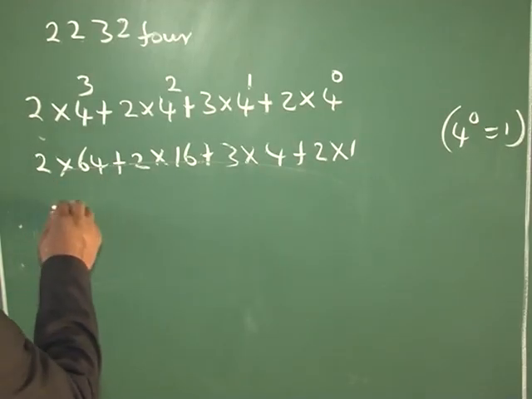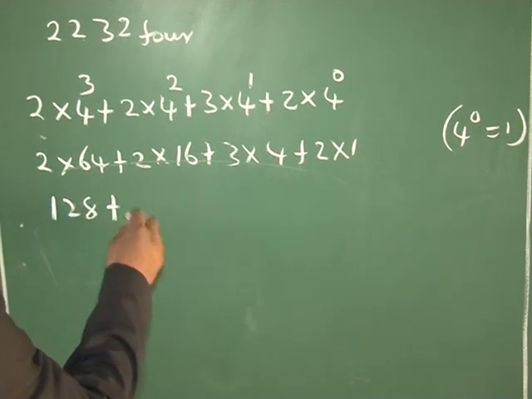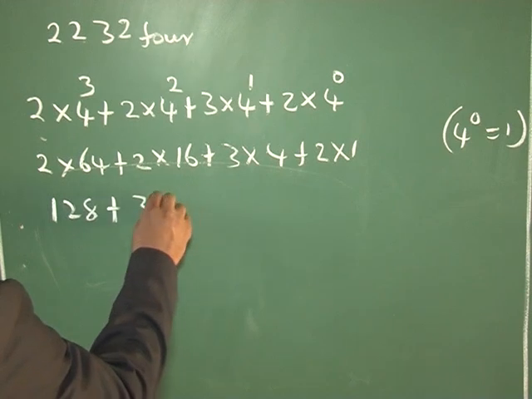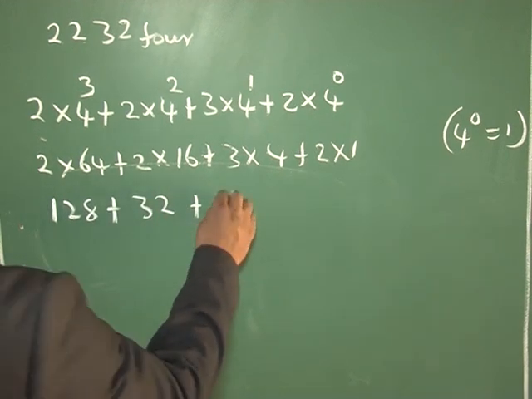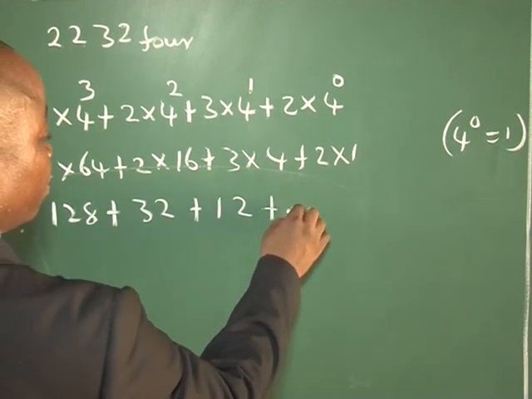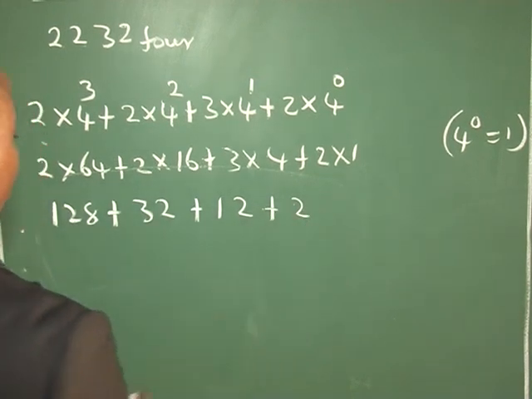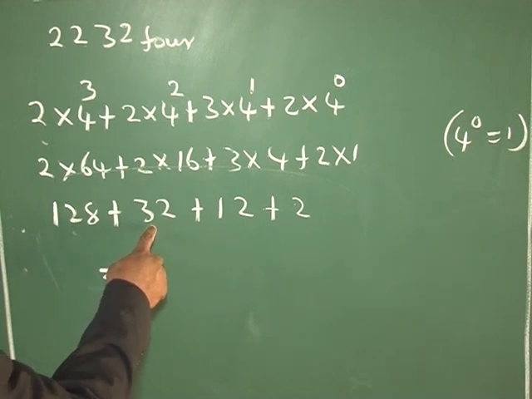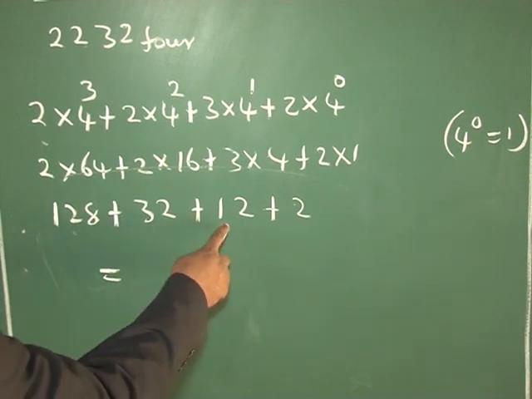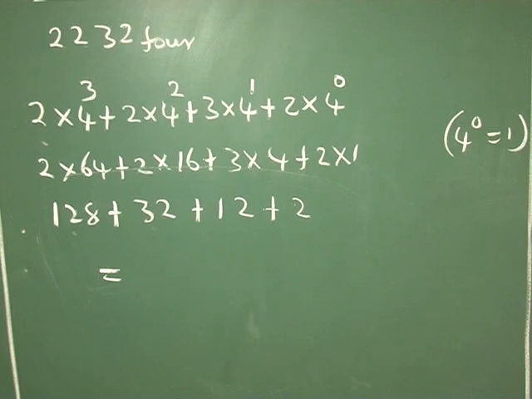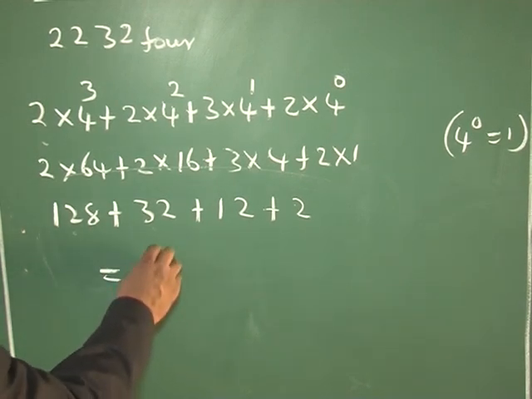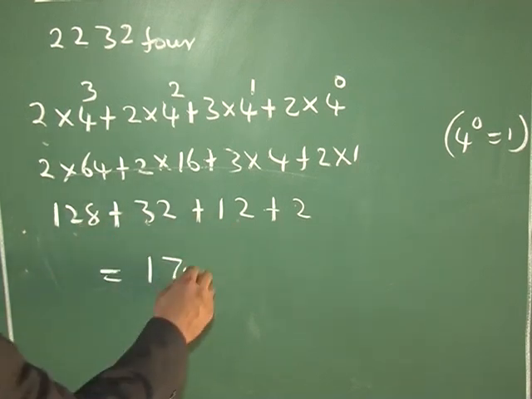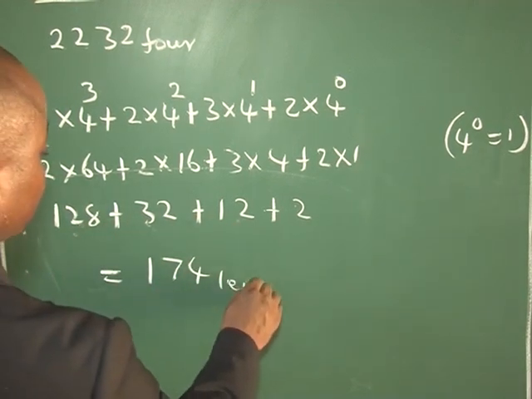So 2 times 64 is 128, plus 32, plus 12, plus 2. And this will give 128 plus 32 plus 12 plus 2, which is 174 in base 10.